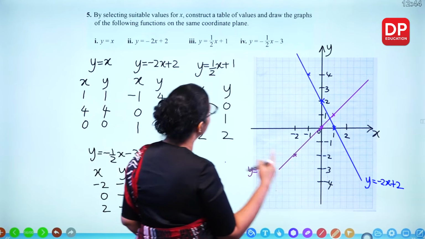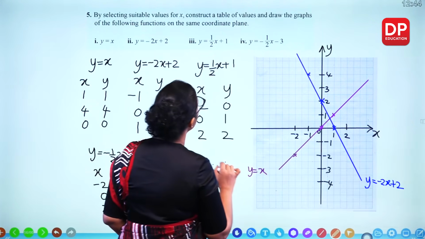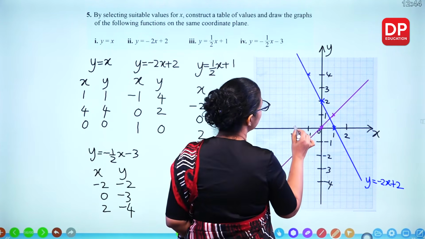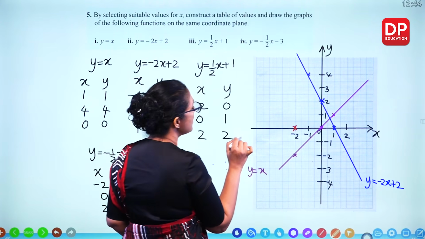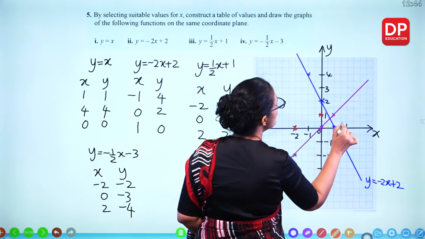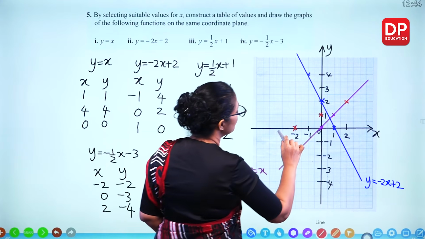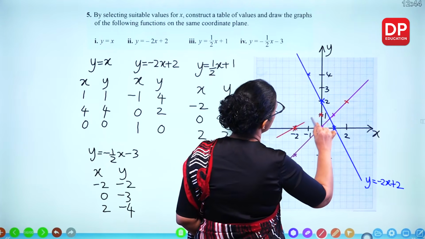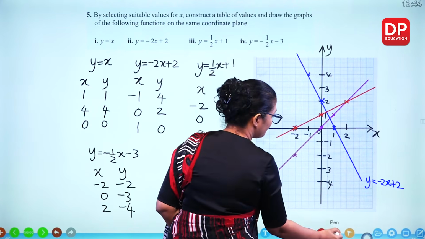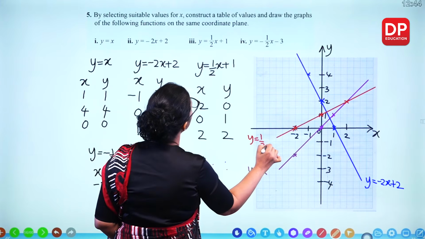Y equals negative 2x plus 2. Third one, half x plus 1. Minus 2, 0. 0, 1. 2, 2. You get this line. That's third one. Y equals half x plus 1.